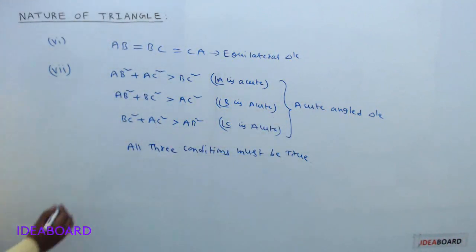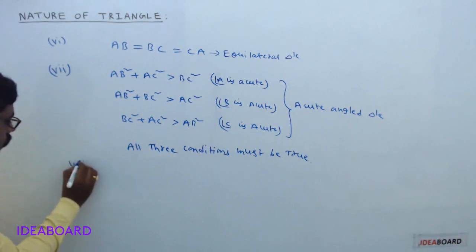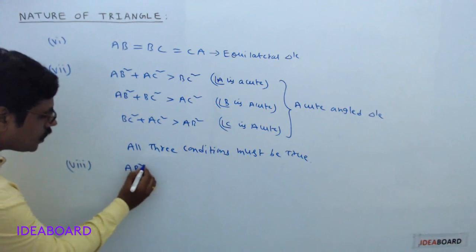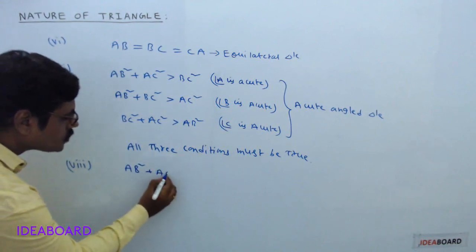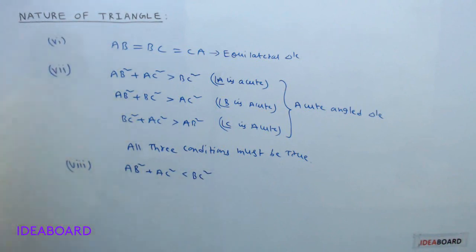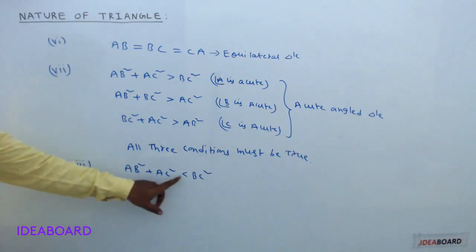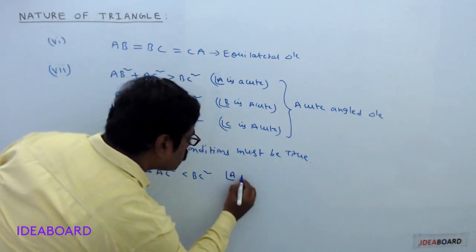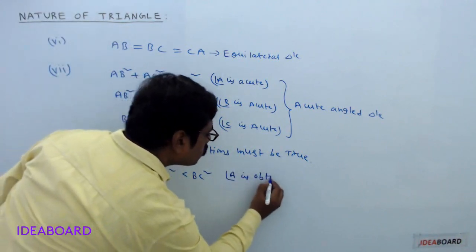Now come to the next point. Suppose AB square plus AC square less than BC square, then angle A is an obtuse angle.